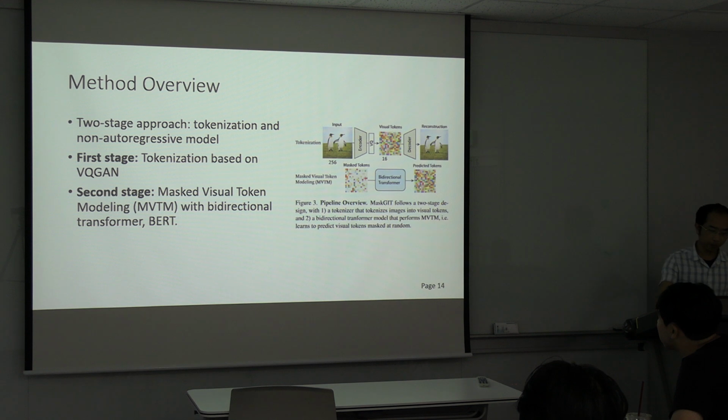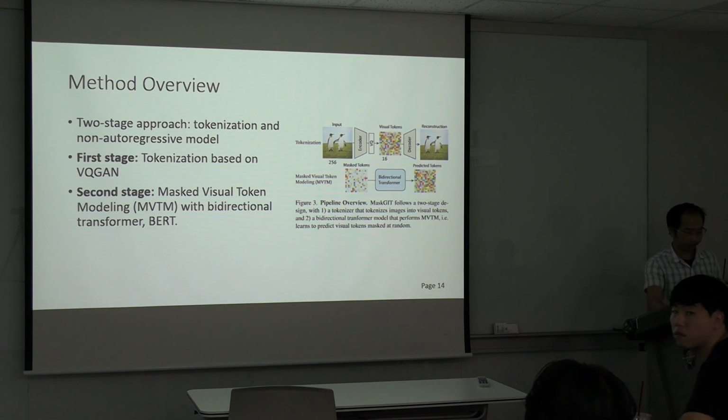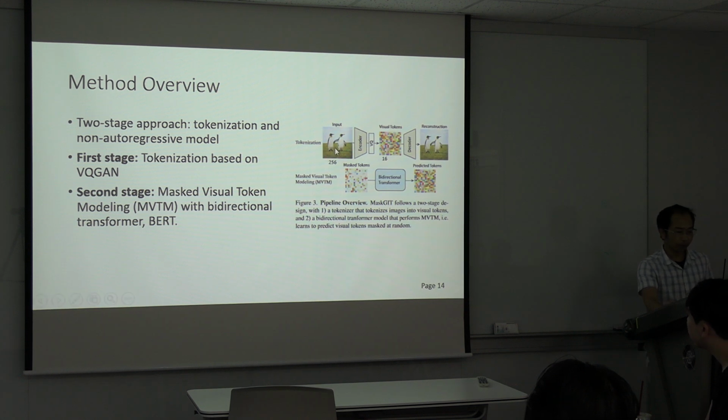I will present the main idea of this paper, how to train it and how to use it at inference. In the MaskGIT paper, we have 2 stages. The first stage is tokenization. Given an input image, we feed the image to the encoder and apply vector quantization to make it discrete. In this latent space, the size is 16 by 16.